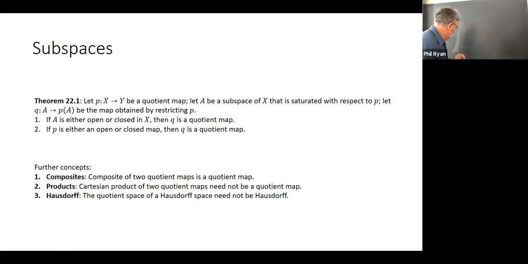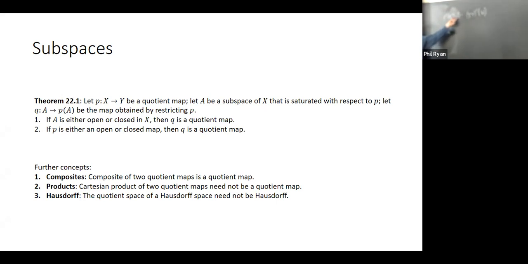And that's because, let's try it on the chalkboard, that's just due to the simple fact that P inverse of Q inverse of some set is equal to Q composed of P inverse of U. Okay, so this is the composition of two quotient maps Q and P. So we can pull open sets.